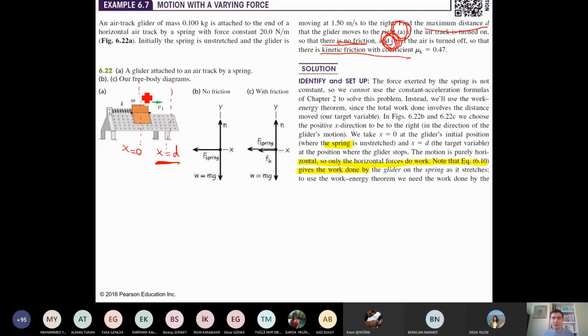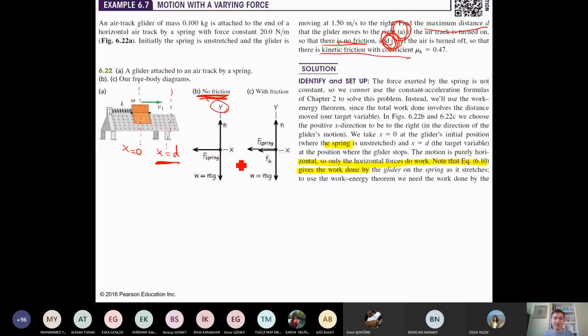Now let's try to write the free body diagram for the two conditions. If there is no friction, we have this type of free body diagram. Let's choose this as the positive y direction, and this as the positive x direction.